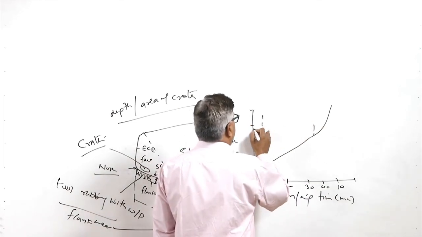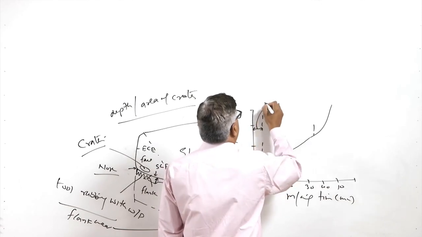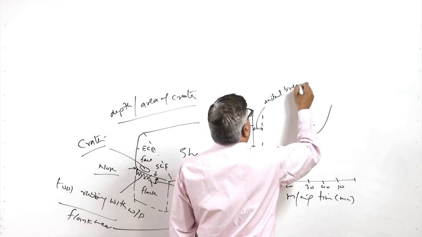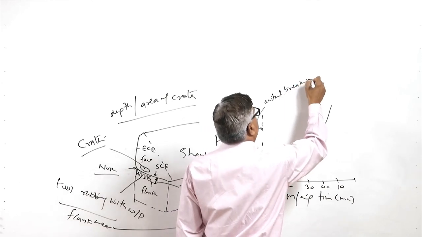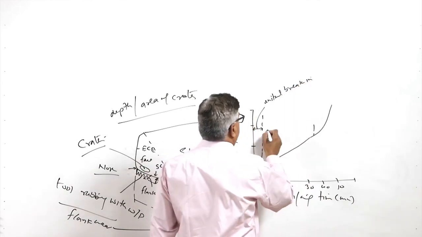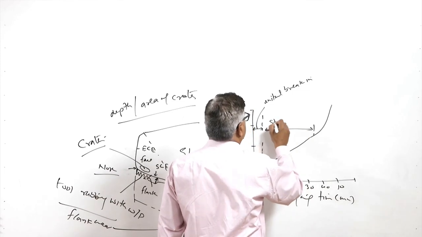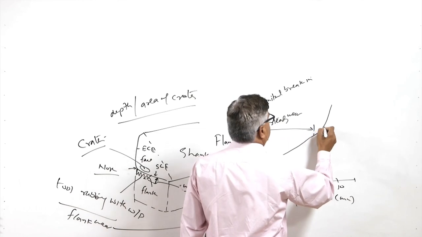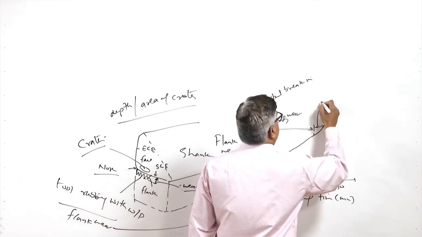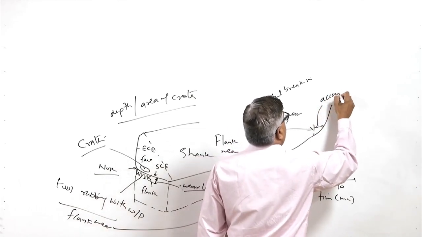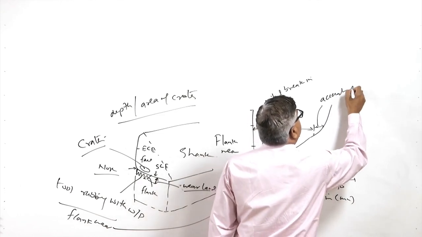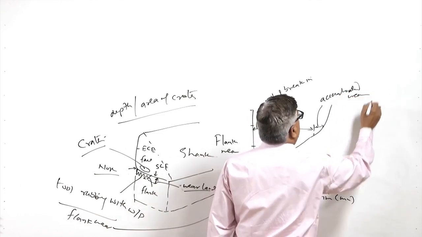This is the initial break-in period, just like a run-in wear, and the second is the steady state wear, and the third is the accelerated wear zone.